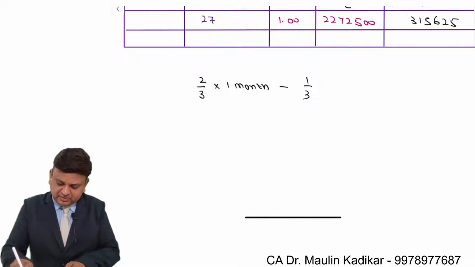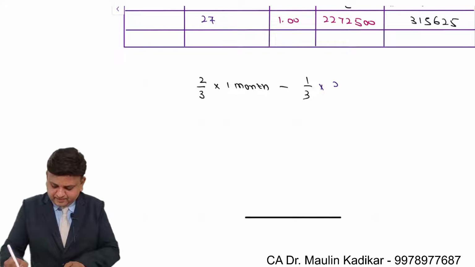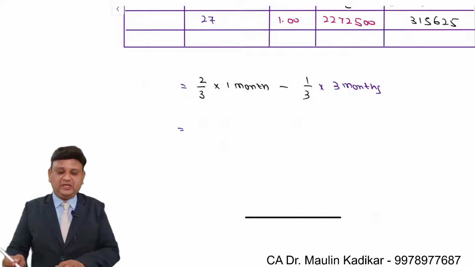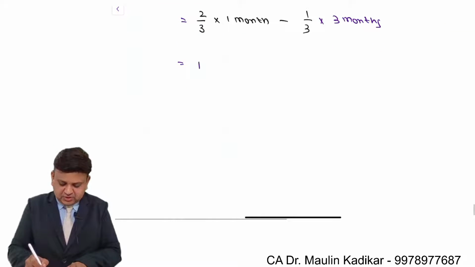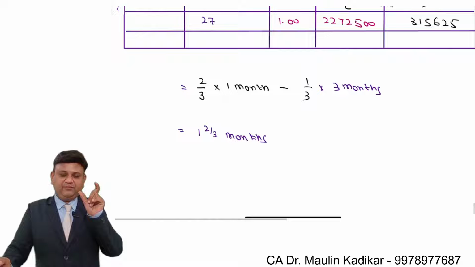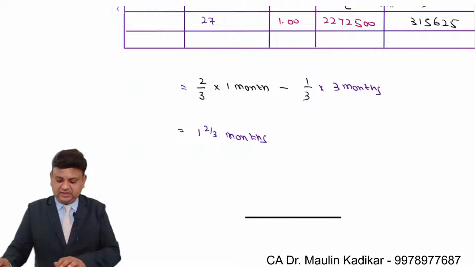So based on this, you can compute the weighted average, and the weighted average is 1 2/3 months, like the collection period.